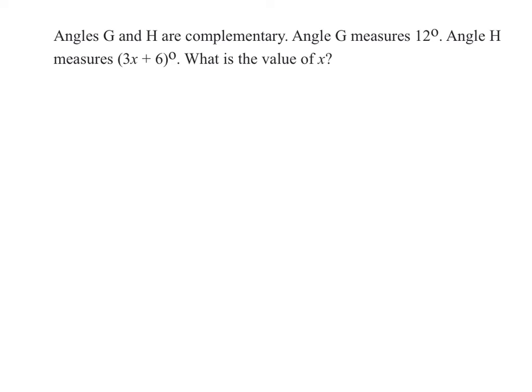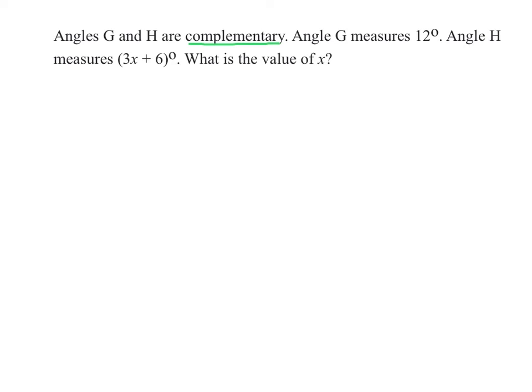Now it's your chance to practice. Read the problem, pick out the key word that will tell you what to set your equation equal to, draw a picture, and solve for x. So the key word you should have picked out was complementary. Complementary is a right angle and it's 90 degrees.